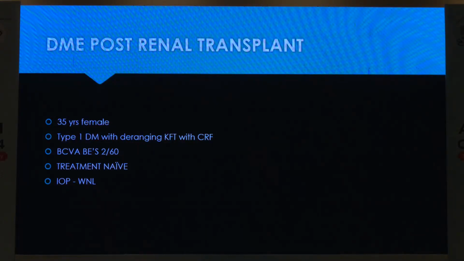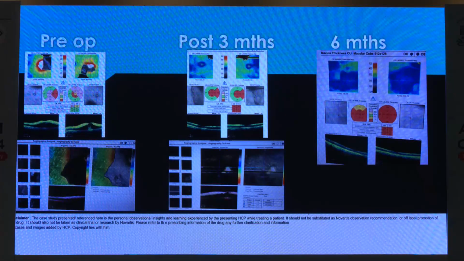35 years female. As we were discussing about the long-acting drug as Pagenex is, this case taught us the PRN protocol. Type 1 diabetic with deranged KFT and CRF, only 2/60 was the vision, and she was a treatment naive patient. So if you look at the pre-op OCTs and OCTA images, first injection given, and after 3 months, she improved from 2/60 to 6/24, and she remained at 6/24 post 6 months, even after a single injection.